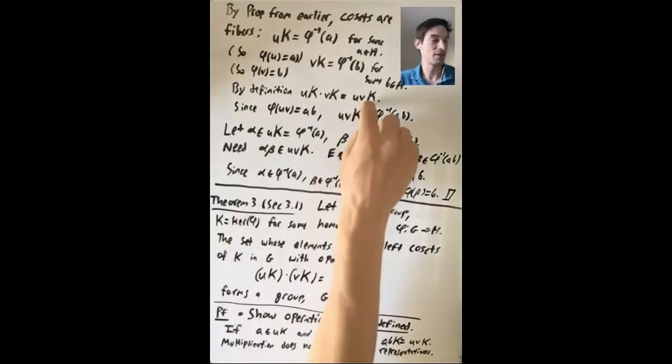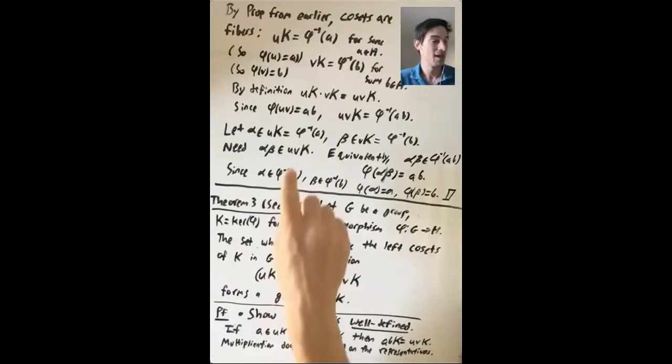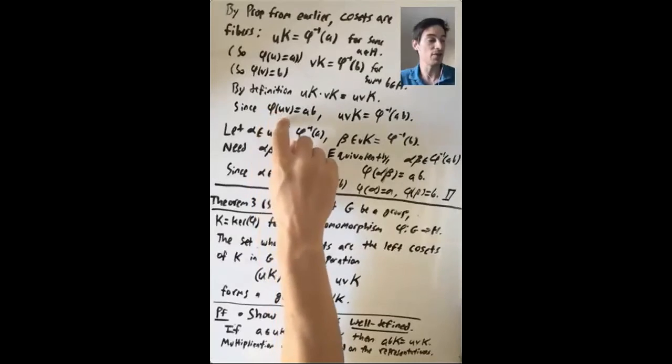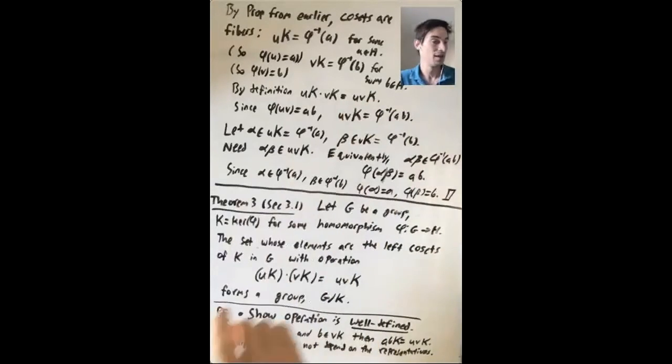That's our coset on the right, but that's also the fiber above some element. Since phi of uv equals ab, we know uv is in this coset. So this whole coset is the fiber above ab.